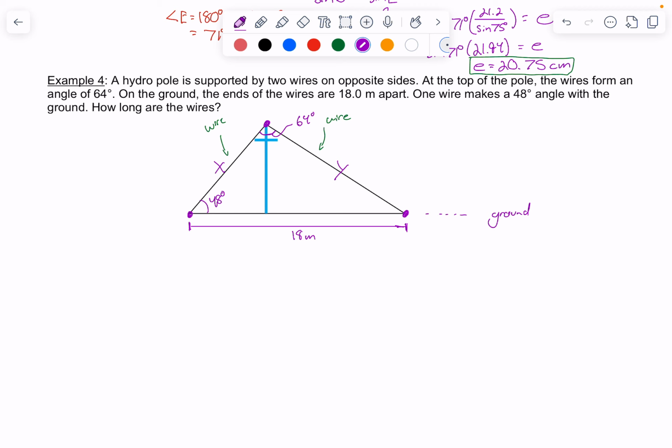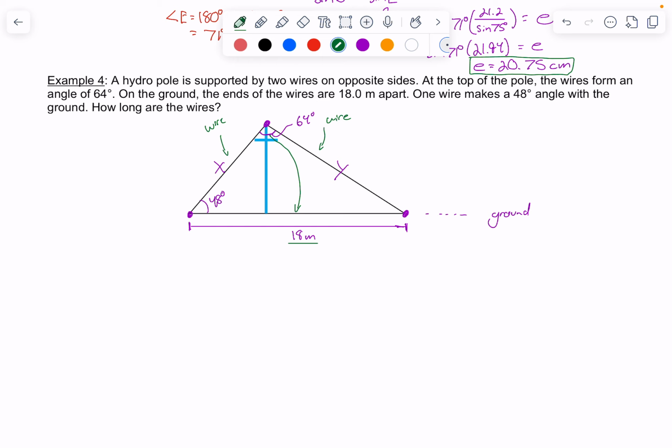So how do we go about doing this? We have a side length, 18 meters right here, and an angle that is opposite that side length. Your brain needs to be thinking, can I approach this using sine law?